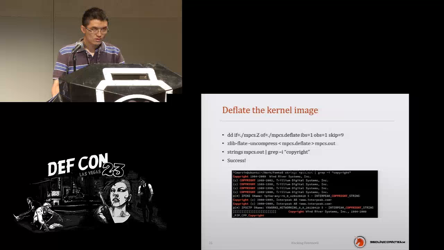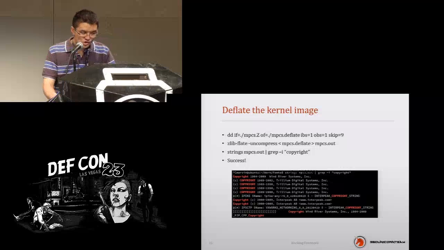And now, let's examine. Now let me examine this image and use strings to check if it has a lot of literal strings. Yes, it contains a lot of literal strings, and it's a success.